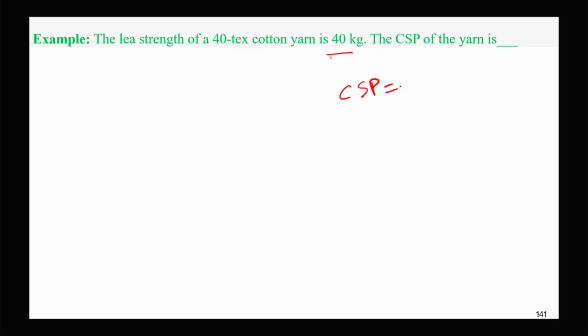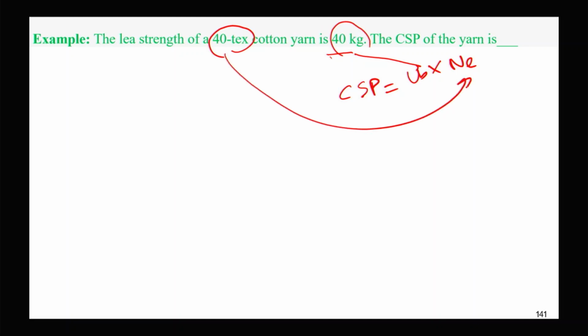The CSP by definition is the breaking load in pound multiplied by the yarn count in NE. So 40 kg we have to convert to pound value, and 40 tex we have to convert into NE value. Then we multiply.